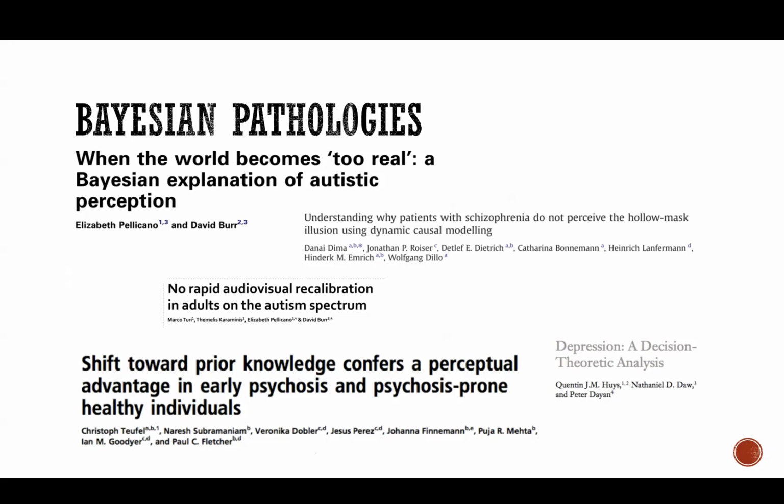Or we have patients with schizophrenia that in certain studies are shown not to have priors. Or, well, that's a wrong thing, but to put a very big weight on the likelihood, creating these impulsive behaviors known as jumping to conclusions. In other studies, they are expected to have too strong priors.